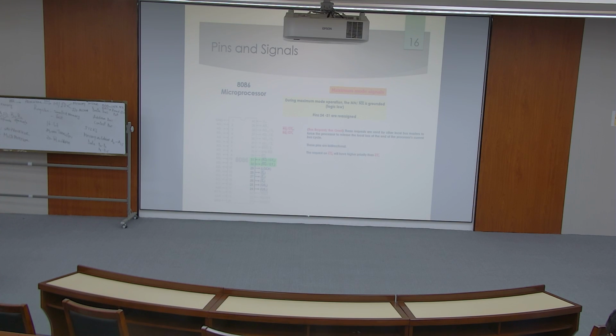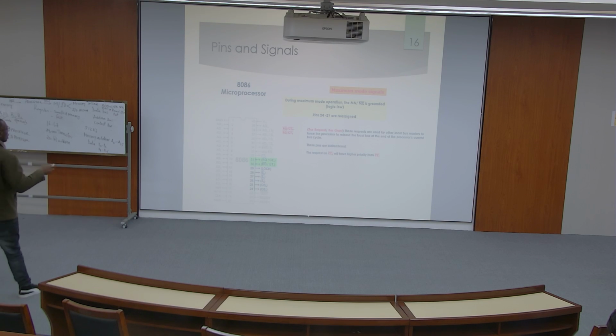Now we have pins number 31 and 30, which are bus request and bus grant. These requests are very important, and they are used by local bus masters to force the processor to release the local bus at the end of the processor's current bus cycle. These are bidirectional pins.